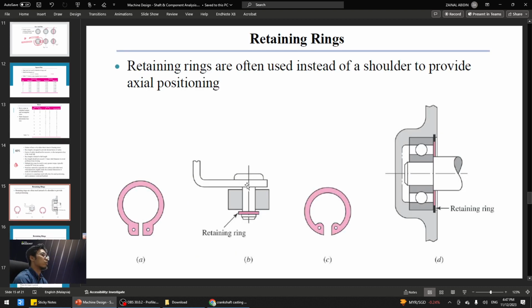Right. Kemudian shaft juga selalunya akan consider to design a retaining slot untuk letakkan retaining ring lah. Tujuan retaining ring maupun retaining, dia akan membantu shaft awak retain on that position. Retaining ring ni pernah nampak kan, retaining ring ni.